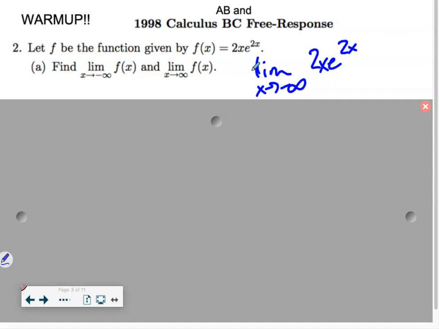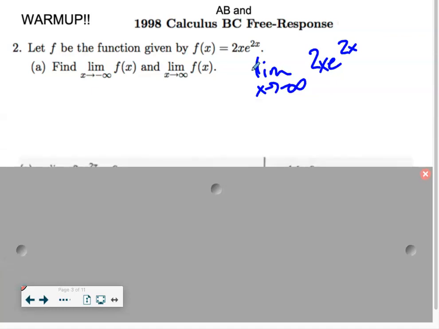It means it goes down to the bottom, right? So we can't write that this equals this because you can't equal infinity, but I'm just going to write separately down here: 2 times negative infinity over e to the 2 times negative infinity, which is the same thing as over e to the positive 2 times infinity.